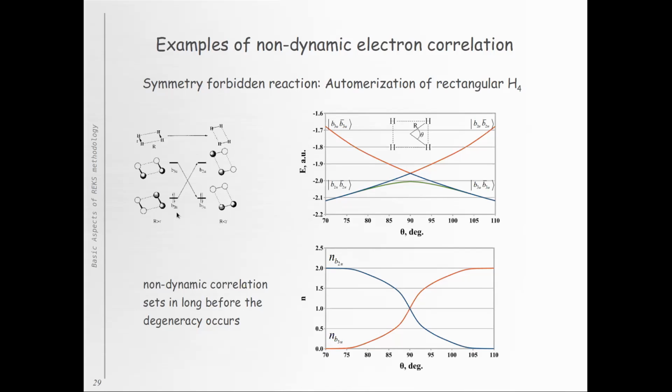At the beginning, we had a doubly occupied B2U orbital. In the end, we have a doubly occupied B3U orbital. It was empty in the beginning and it becomes doubly occupied. The orbital that was doubly occupied becomes empty in the end. So according to Woodward-Hoffmann rules, such reactions are symmetry forbidden.